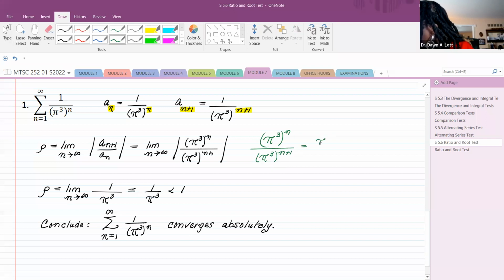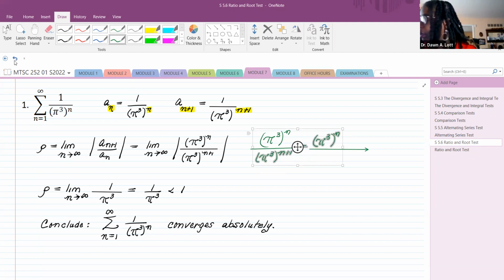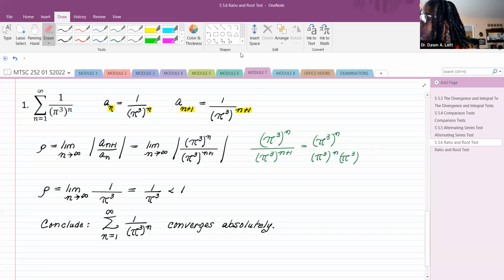So that's pi cubed to the n divided by pi cubed to the n times pi cubed, because it's raised to the n plus 1 power.